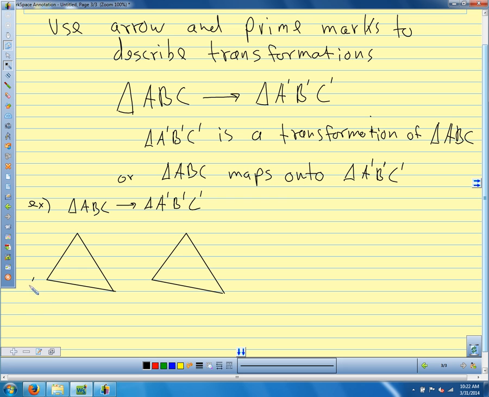So here's ABC, and here's A prime, B prime, C prime. Triangle ABC is the pre-image, to use our other terms, and this is the image.